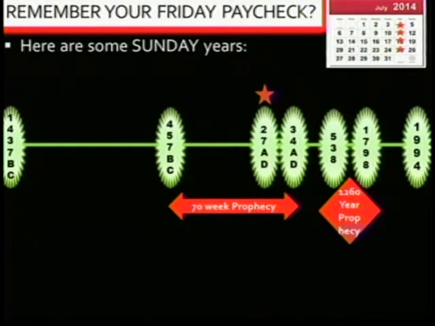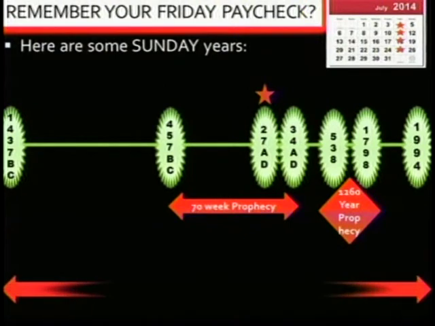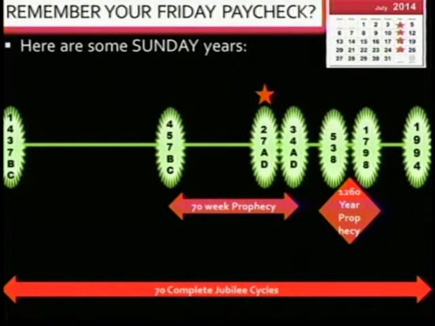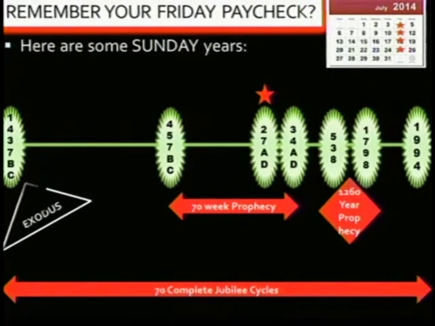How perfect is God? From 1437 BC to 1994, not only is it a Jubilee week, it's 70 complete Jubilee cycles. So we're looking at the Exodus in 1437 BC.